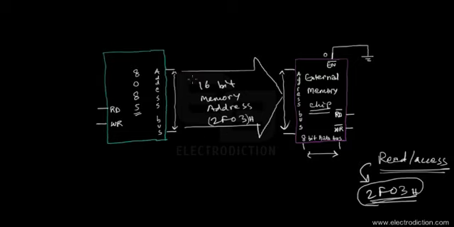It wants to access the data present at this particular memory address. Whenever it sends this address to the external memory chip, the chip realizes that it has to output the data present in this memory location. Correspondingly, the 8085 also has the read and write pins through which it controls whether it is supposed to read the data from the memory chip or write the data, writing meaning storage, into the chip.